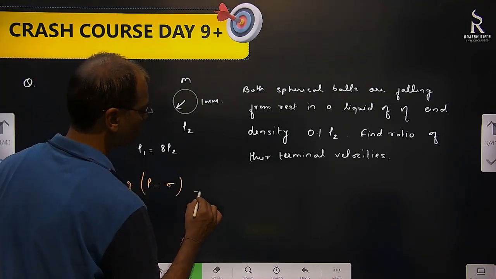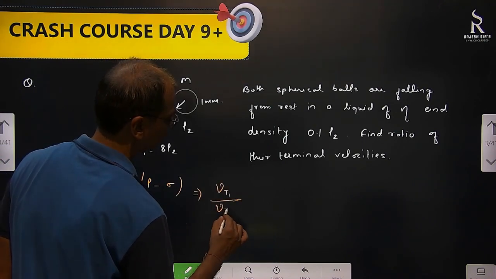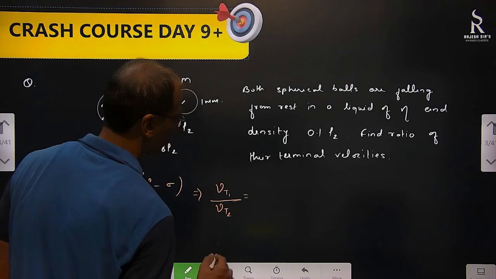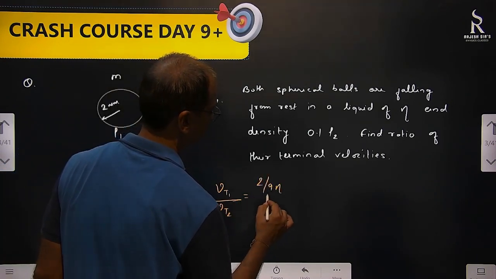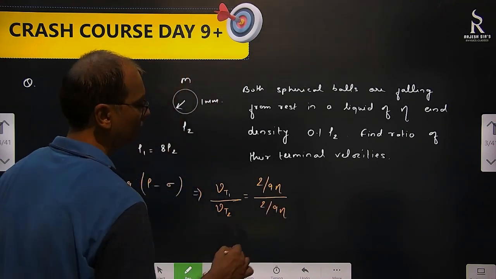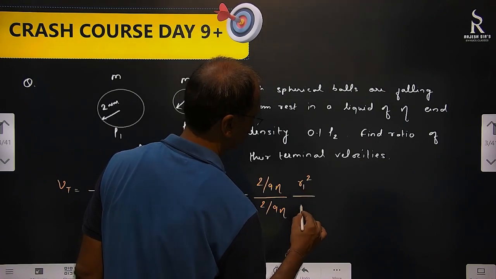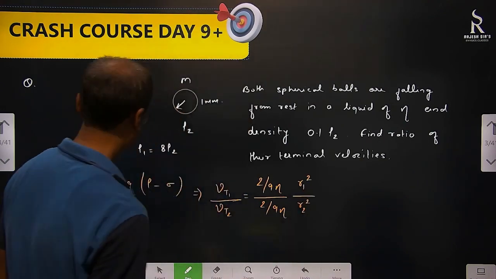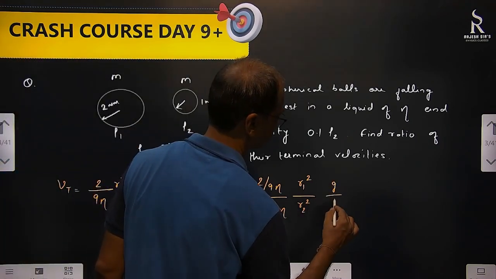So velocity VT1 we will say for drop 1 and this is for drop 2, right? So 2 by 9 eta is common, so in this one nothing we have to do, this is going to cancel. Then R1 square here, R2 square here, then g is going to cancel anyhow, g by g.